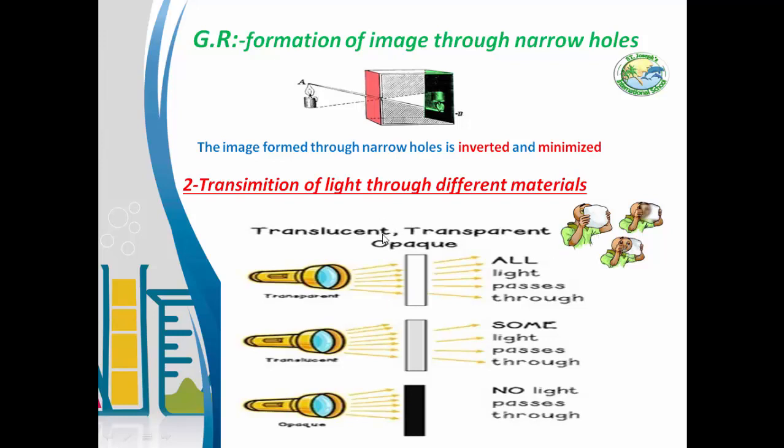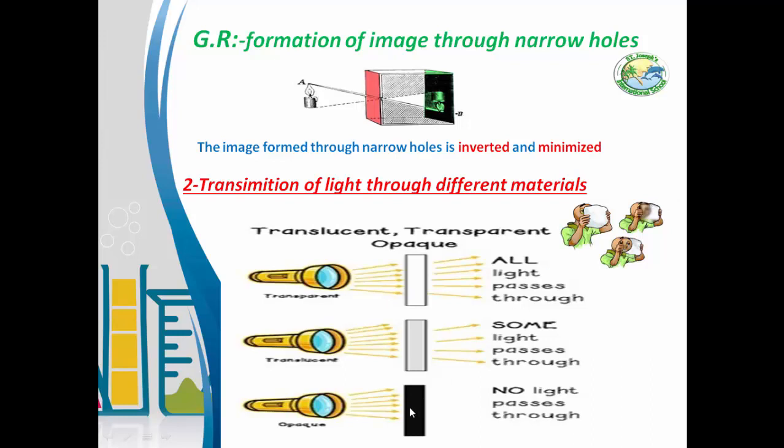The second type is translucent material, or we can call it semi-transparent material. Semi-transparent or translucent material, like this one, allows some light to pass through, and objects can be seen through them but less clear.